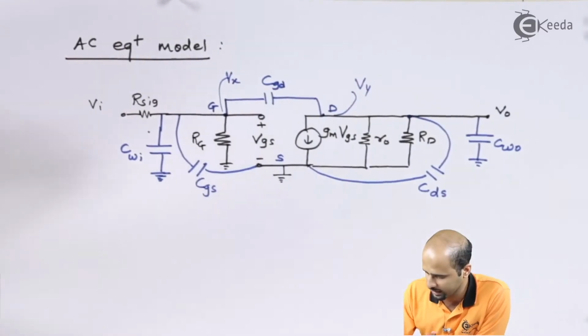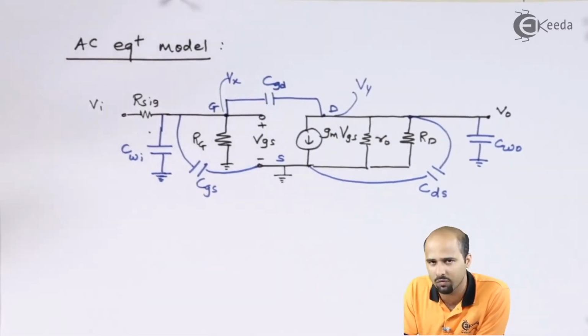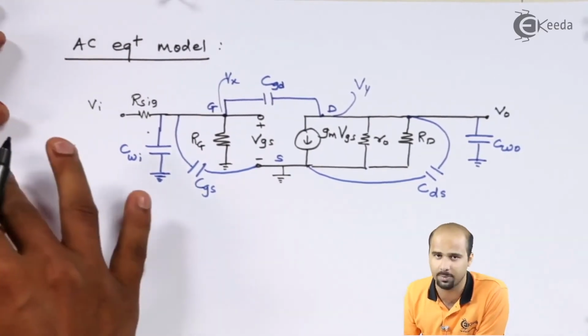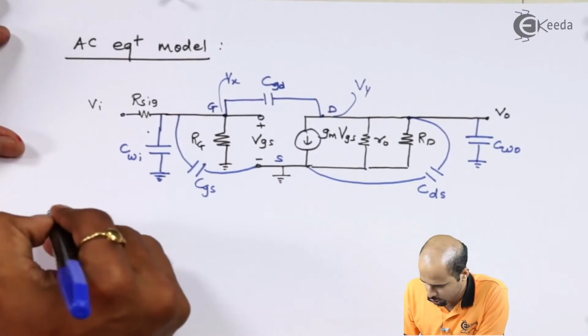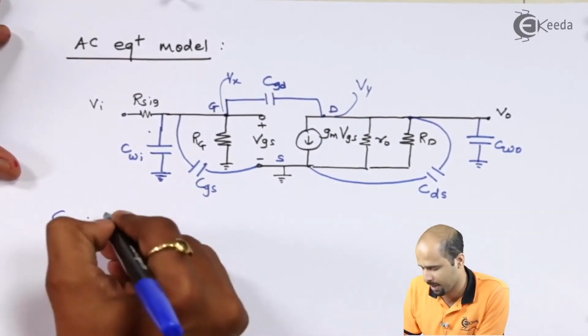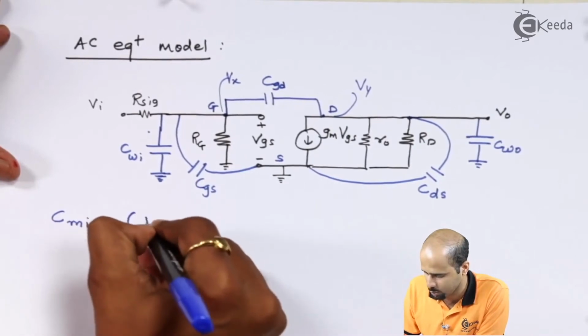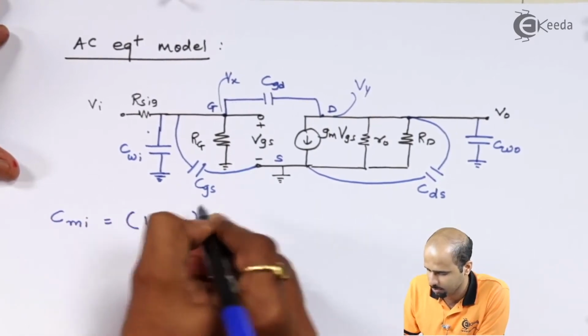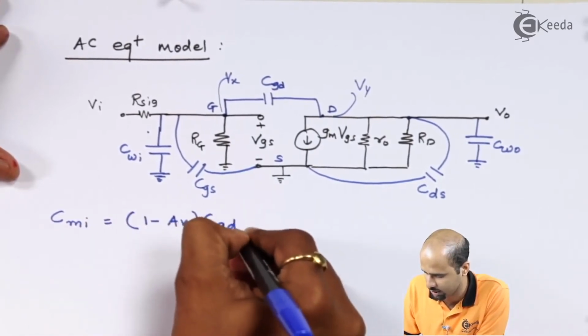So first we will have to calculate CMI. XMI is the capacitive reactance at the input side, but we don't have to consider the capacitive reactance, rather we have to consider CMI. CMI is nothing but (1 minus AV) multiplied by CGD.